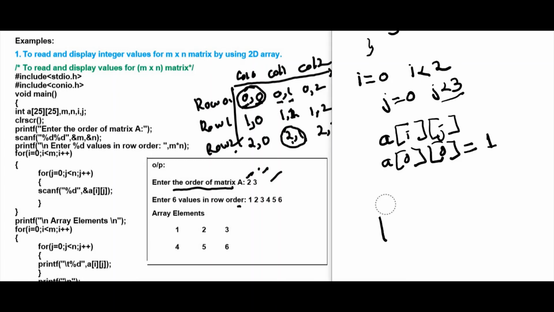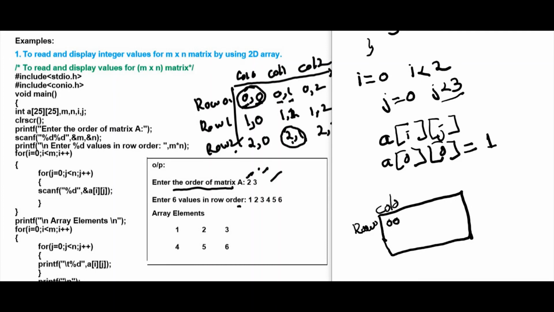So in this array, it is a 2 by 3 array. So the first element will be at 0, 0, that is row 0, column 0.